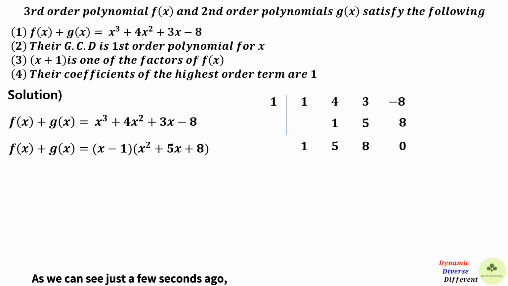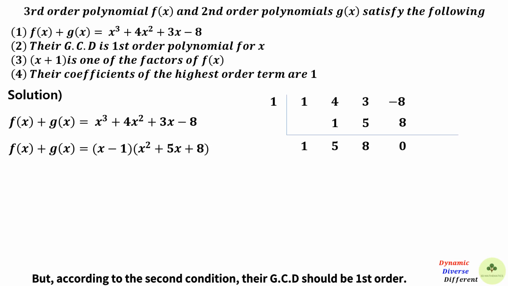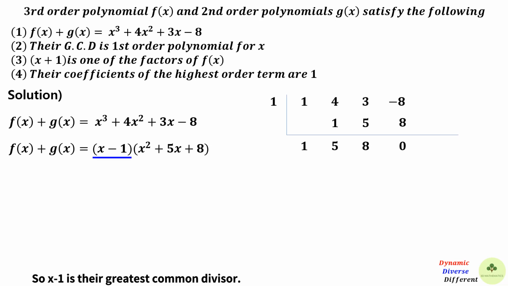As we saw just a few seconds ago, their greatest common divisor can be either x minus 1 or x squared plus 5x plus 8. But according to the second condition, their greatest common divisor should be first order. So x minus 1 is their greatest common divisor.